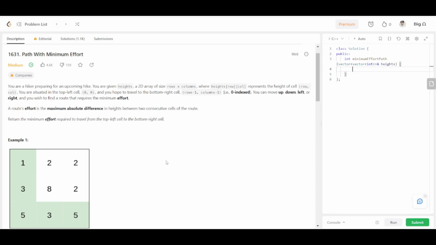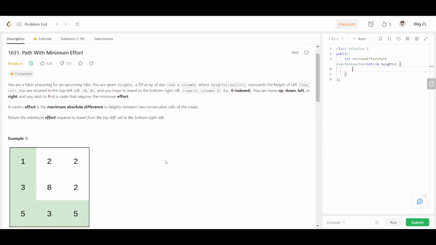Now along that route you find the effort as the maximum absolute difference in heights between any two consecutive cells of that route that you have taken. So we have to return the minimum effort required to travel from the top left cell to the bottom right cell of the matrix.